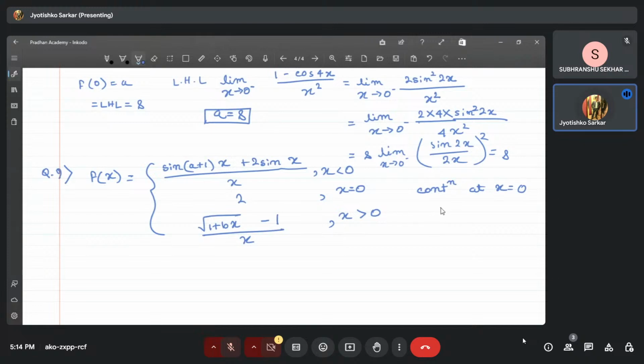Similar question, we have to find a and b. So first we can see the function is defined at 0, and the value is 2.